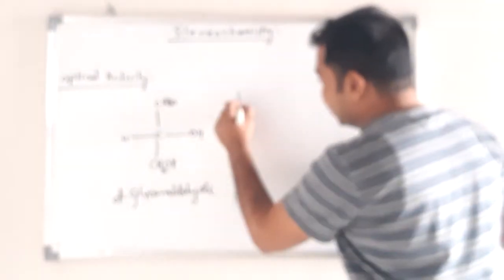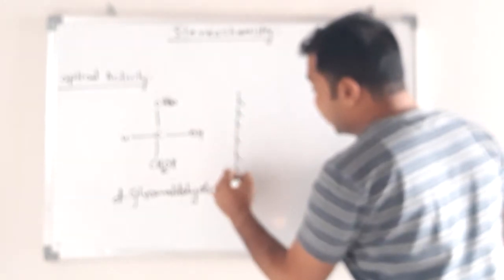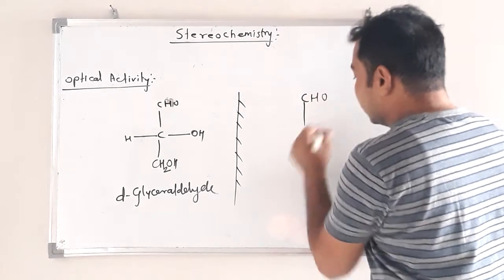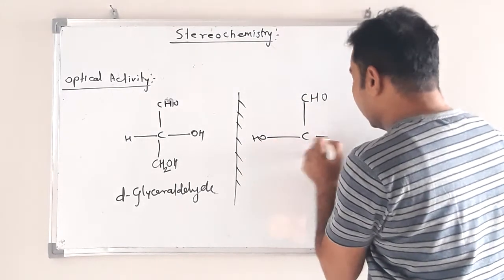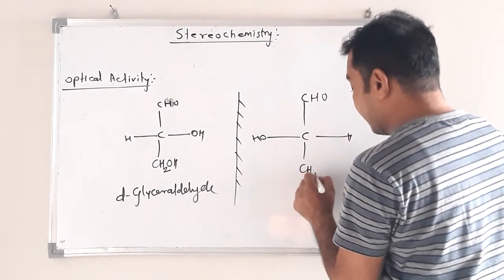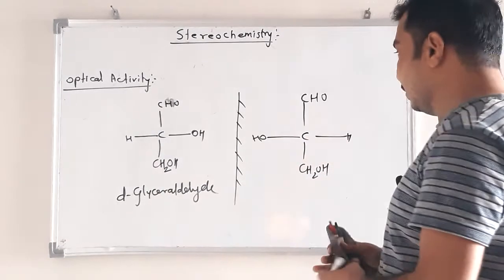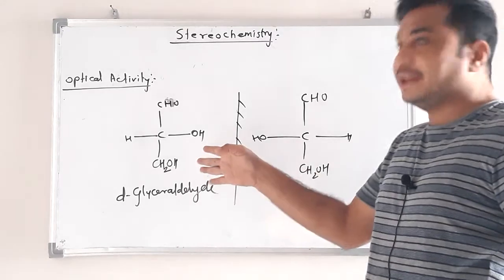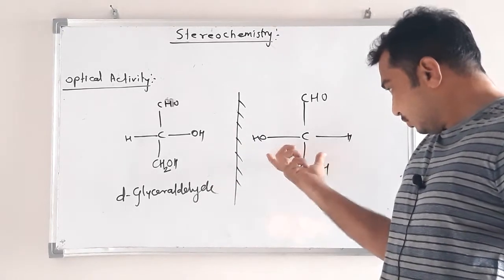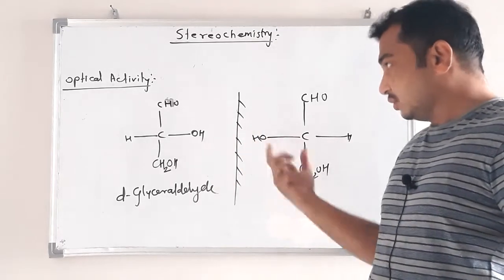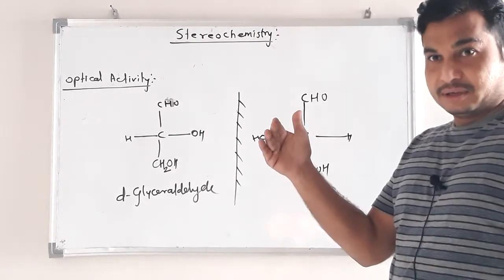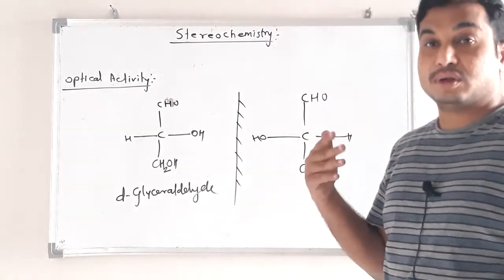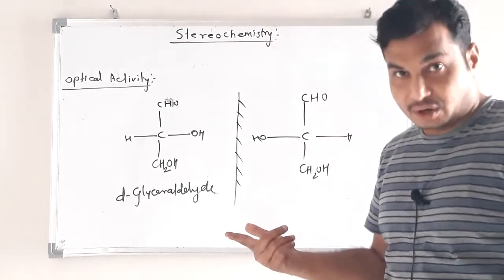And also we are having its mirror image, another stereoisomer, and that is showing the rotation toward the left side. If we pass plane polarized light through the solution of this other stereoisomer of glyceraldehyde, then the light coming out shows rotation toward the left side or anti-clockwise.